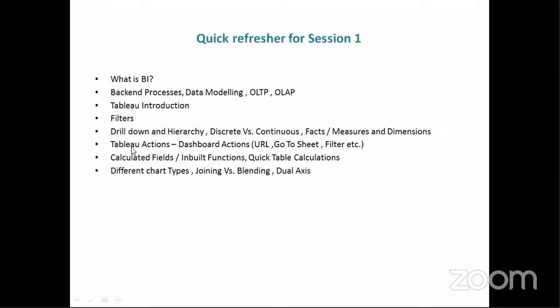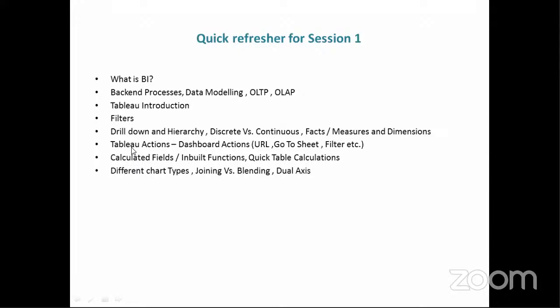So they have integrated these commonly used calculations within quick table calculation, so that users should not spend more time doing the same thing redundantly within a calculated field. So these are the quick table calculations which are provided, and we can make use of them.